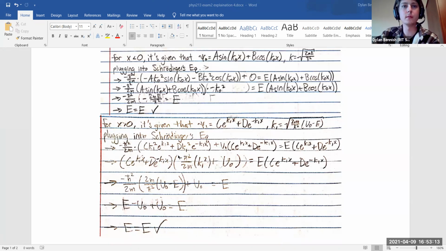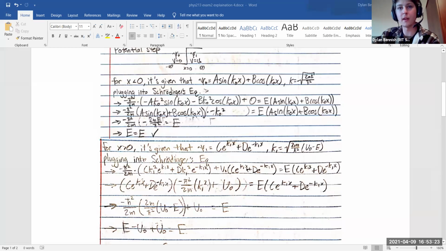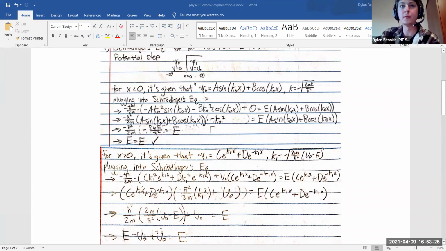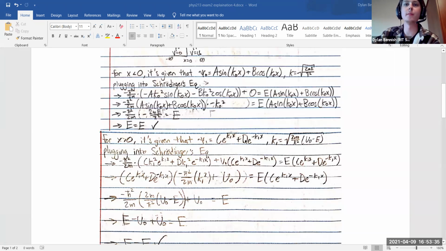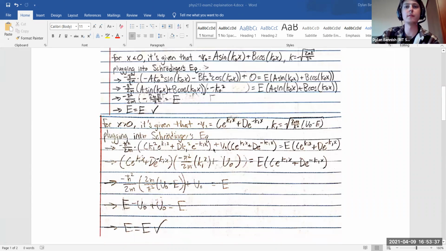The second derivative of psi gives C k1 squared e to the k1x plus D k1 squared e to the minus k1x. Then we add V times psi, and we know that V in region 1 is U naught, and here's the psi equation given above. We set that equal to E times psi on the right-hand side, and do the same thing as last time and factor out psi: C e to the k1x plus D e to the minus k1x.